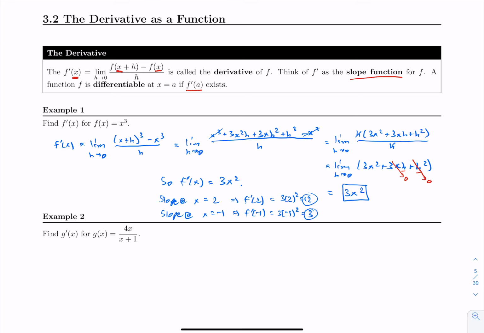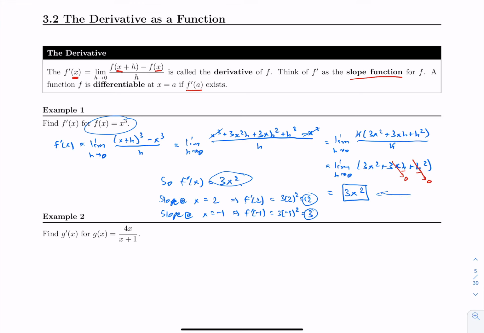This is where spreadsheets and things like that get all their business: I can enter the function x cubed, I can enter the function 3x squared, and I can have a spreadsheet plug in tens of thousands of values if needed. Okay, so that's the benefit of getting this general form.